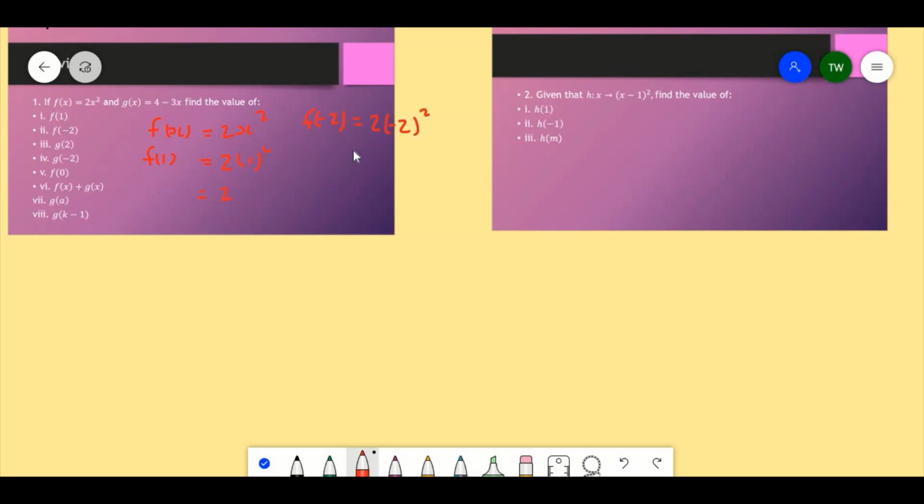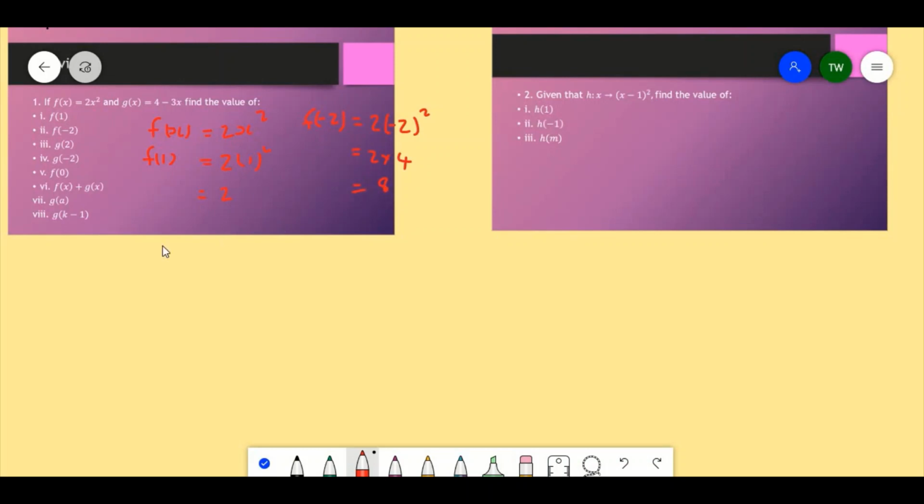And then you simplify this, so it's going to be 2 times negative 2 all squared, that's just positive 4. And 2 times 4, that's just going to give us 8. So therefore, f of negative 2 is equal to 8.